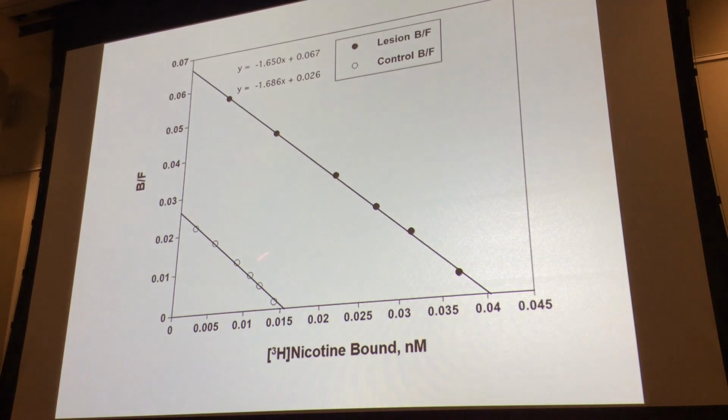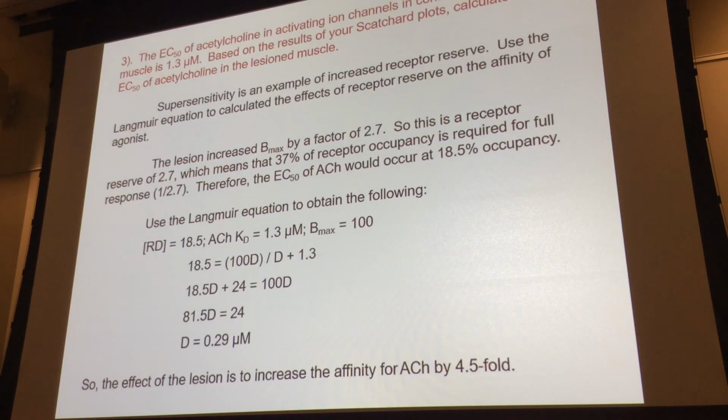So in this particular scenario, we're just looking at the ability of tritiated nicotine to bind to these receptors. There's no function involved in the binding assay here. All we're looking at is the affinity and the number of receptors for tritiated nicotine. But in the next part of the problem, we're not talking about nicotine anymore. We're talking about the agonist, acetylcholine.